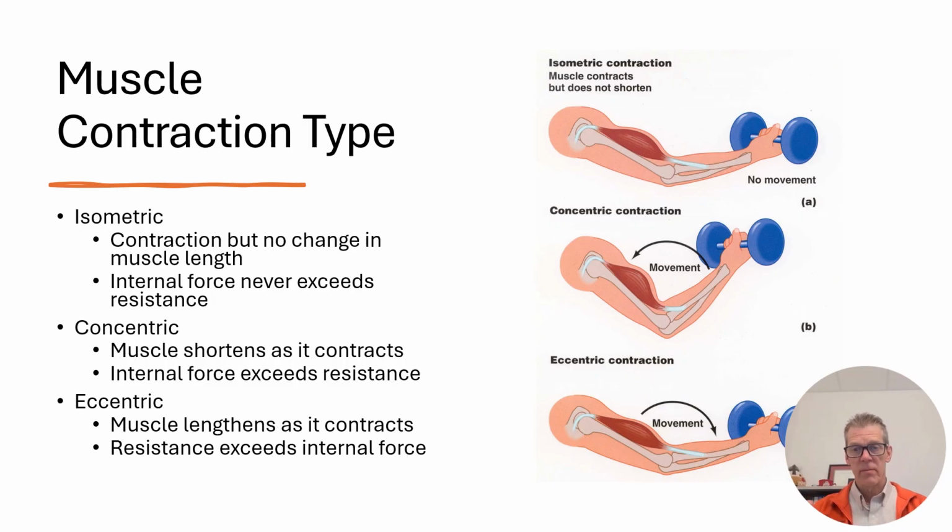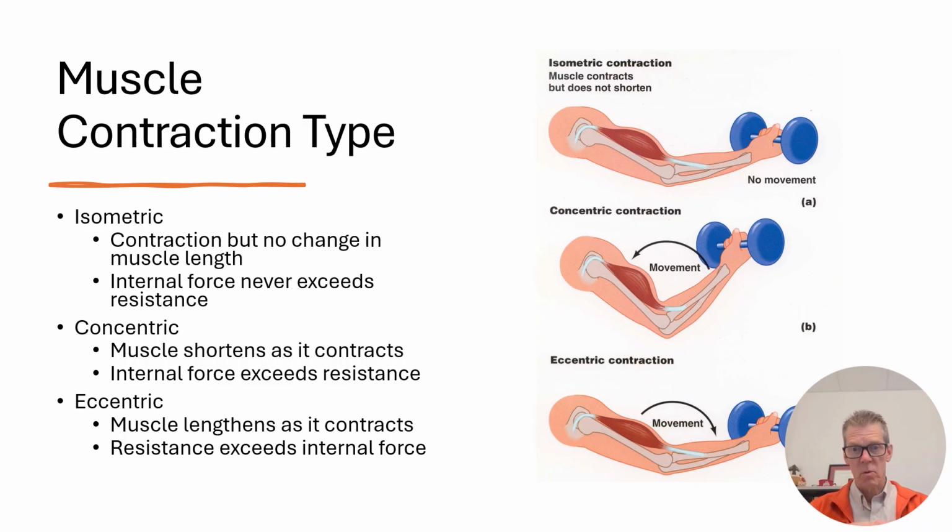Isometric is when the actin and the myosin are engaged. They're generating tension internally in the muscle, but there's no change in the muscle length because the motion is blocked for some reason, right? So we're not creating any motion at a joint, but the muscle that could create motion at that joint is active, it's contracting, it's not changing its length. So that's an isometric contraction.